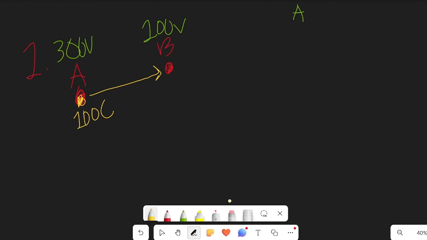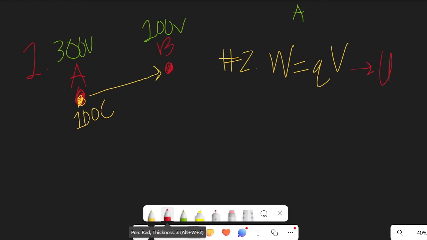Right away, you should notice that we are going to be using our second golden equation for this problem. If we remember, golden equation number 2, work equals QV. Because in this case, we're dealing with potential and we have to get electric potential energy, we're going to be using the variation U equals QV.